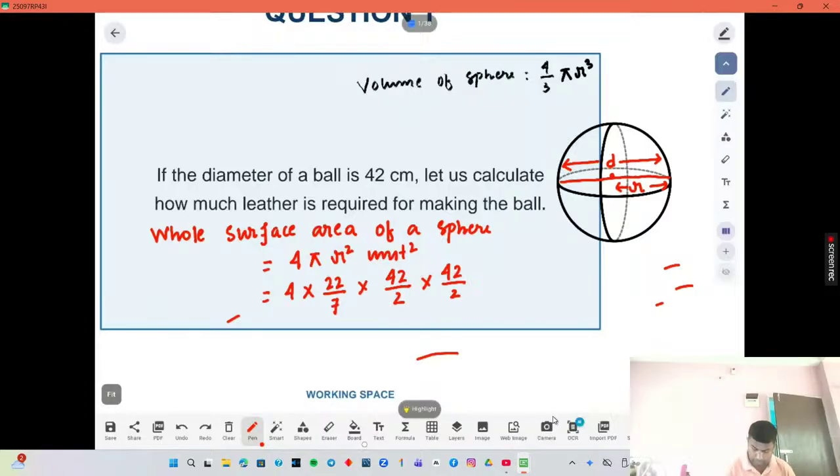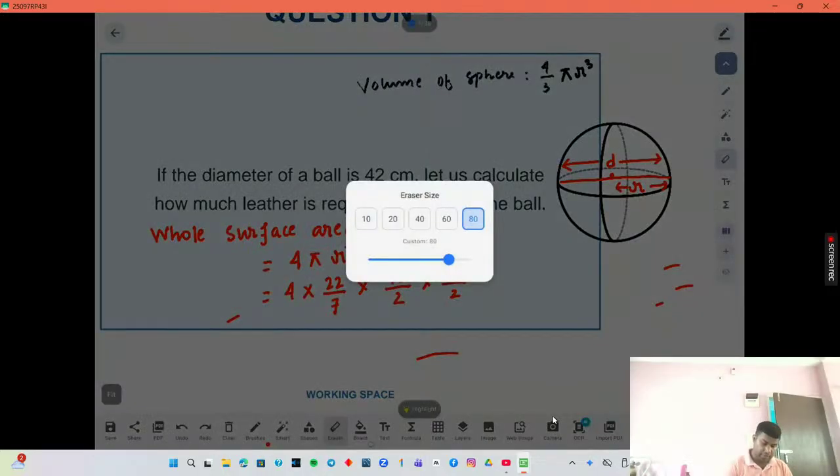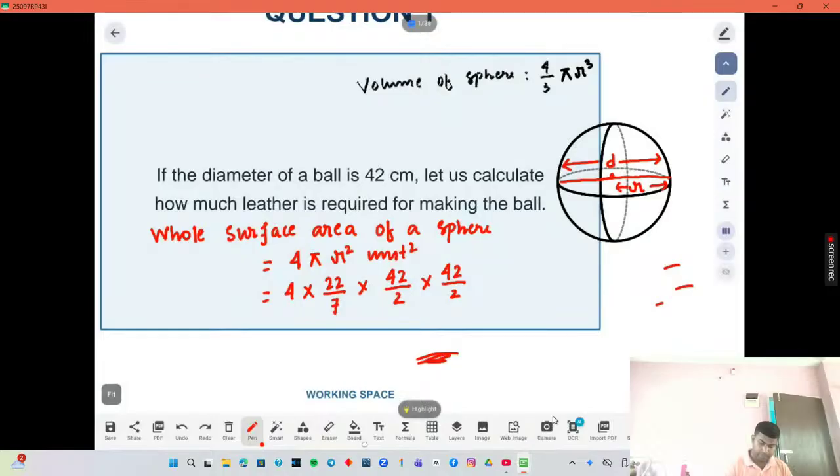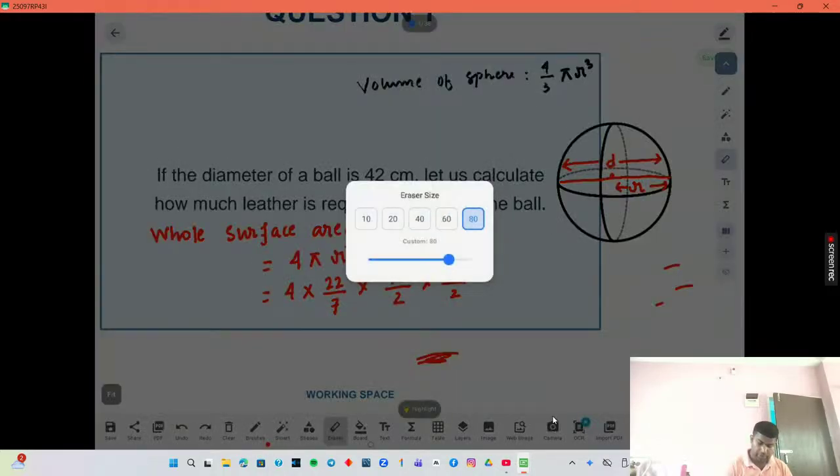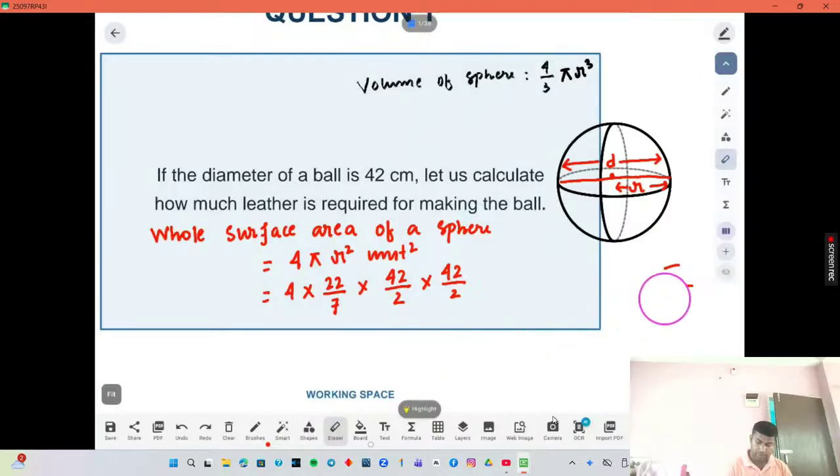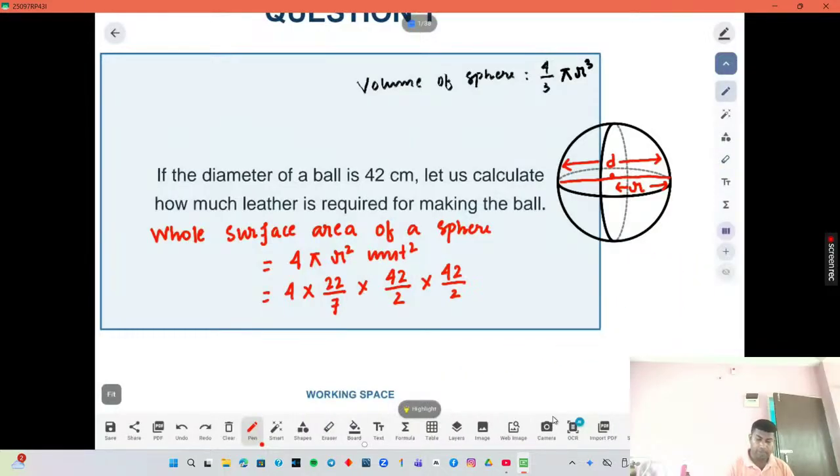Here you can see that I have written 42 by 2. Why have I written this? Because in the question it is given that 42 centimeter is the diameter of the ball.